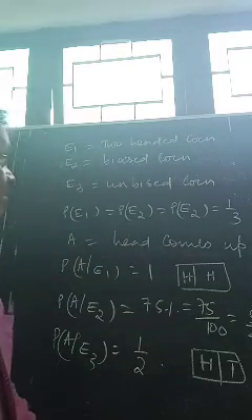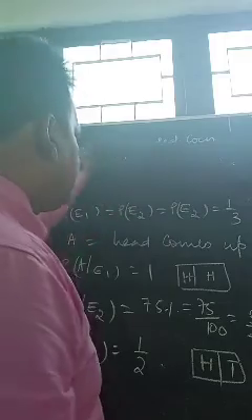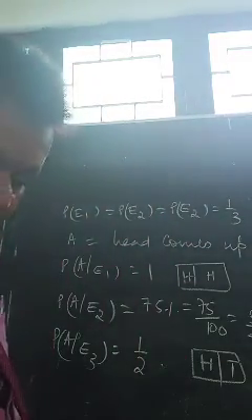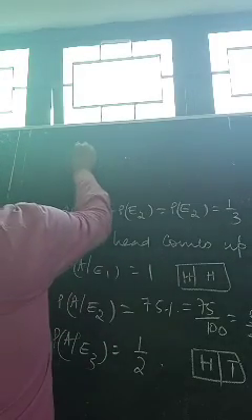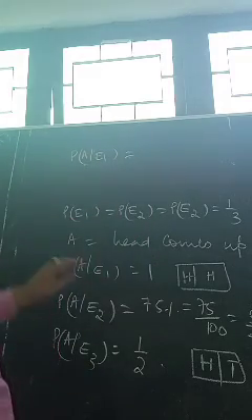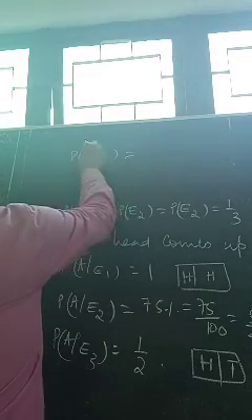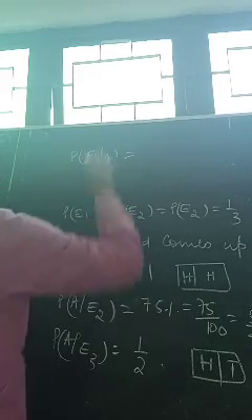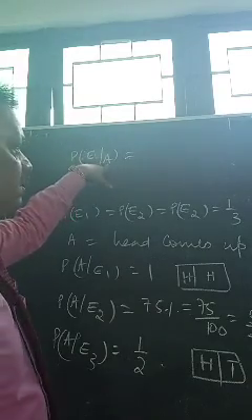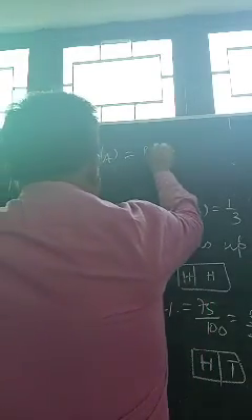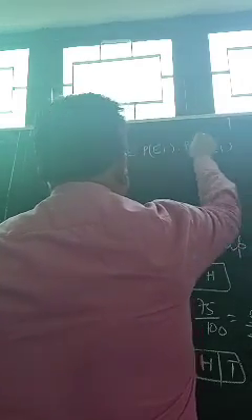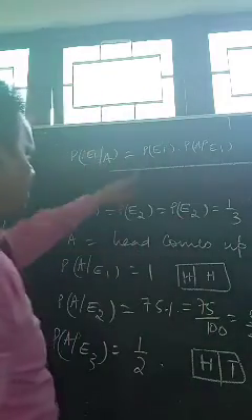Okay now? Now your question is, what is the probability it is a two-headed coin? Two-headed means E1, that gives you head. You are asked to find probability of two-headed coin, that gives you head. So formula will be E1, A of E1 divided by total probability.